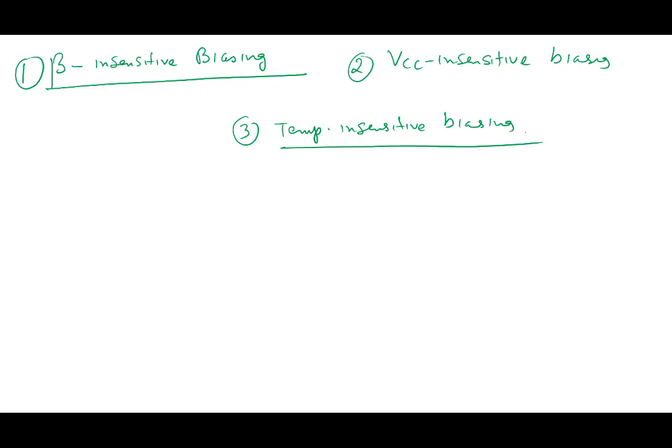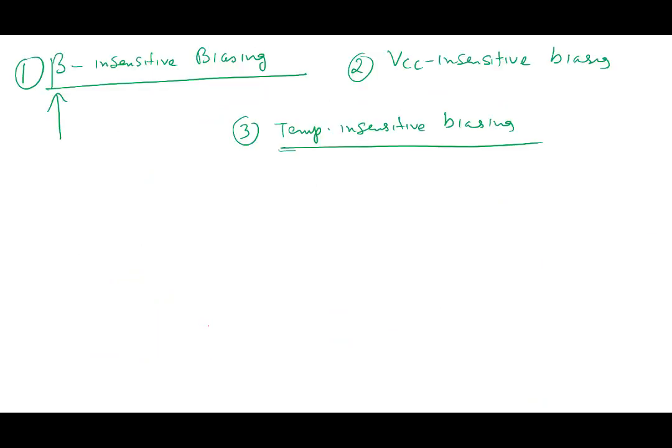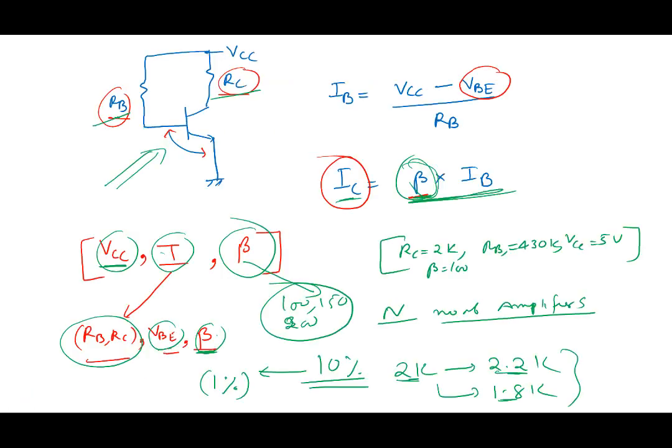But the first thing that we need to look at is that it's so sensitive to beta. Temperature will change, but what is the effect of temperature change? Maybe RB, RC will change, VBE will change, and again beta will change. If I make my circuit beta insensitive, even if beta changes due to temperature, it's not going to change much. Now, VBE will change.